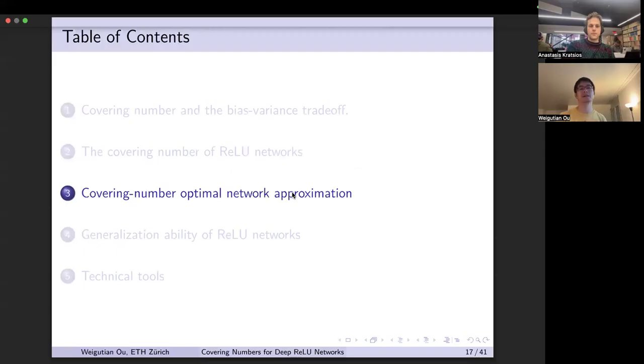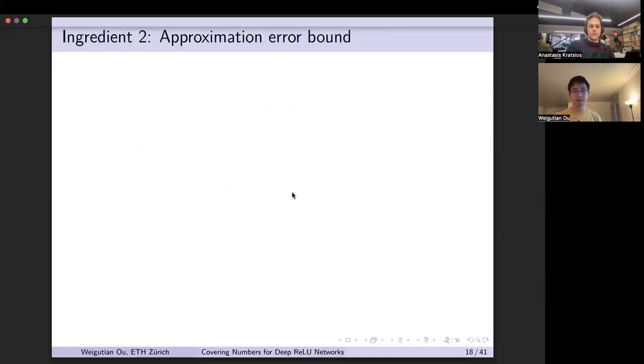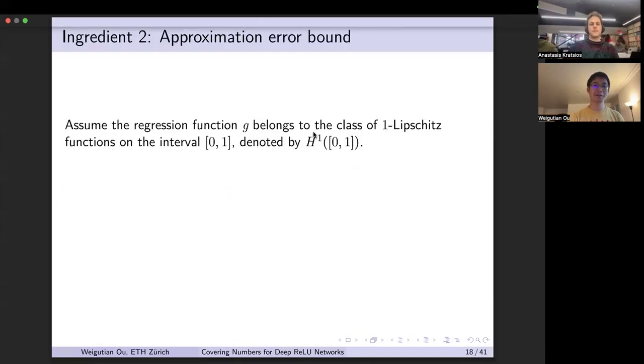So now we have the first ingredient, which is the covering number of the neural network. And we still need another ingredient for the approximation. We know that the regression function g is unknown, so we couldn't characterize the approximation error. But if we know that, for example, the regression function g has some property, here we assume g to be 1-Lipschitz, then we can characterize the worst-case approximation error when we approximate a 1-Lipschitz function by a ReLU neural network.